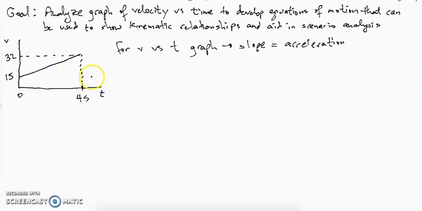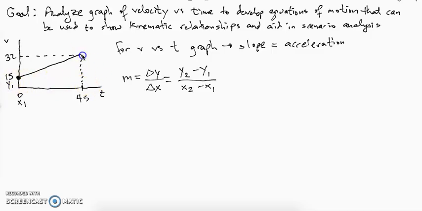What's the acceleration for this particular car? Well, you need to remember the formula for slope. The formula for slope is often written as m equals delta y over delta x. If you're not familiar with delta notation, you take 2 points, x1 and y1, and x2 and y2, and what we're going to do is subtract them. So this point right here would be x1, which is 0 for time, and y1, which is 15 for the speed.